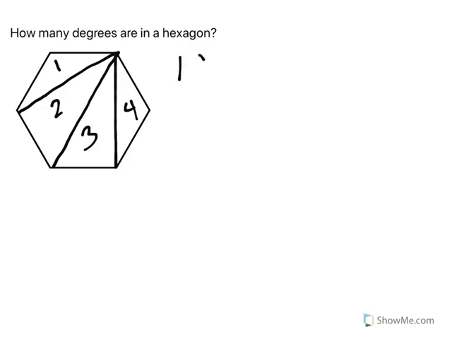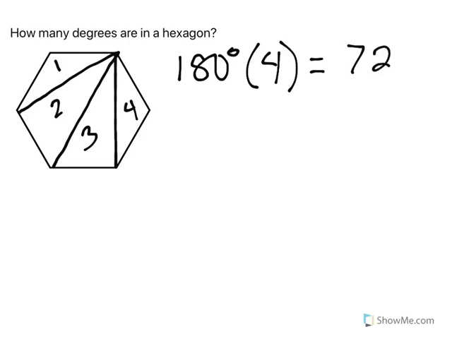So each triangle has 180 degrees. That's going to be multiplied times 4 because we have 4 triangles. Okay? And we're going to get 720 degrees. And that's the total angle sum of any given hexagon.